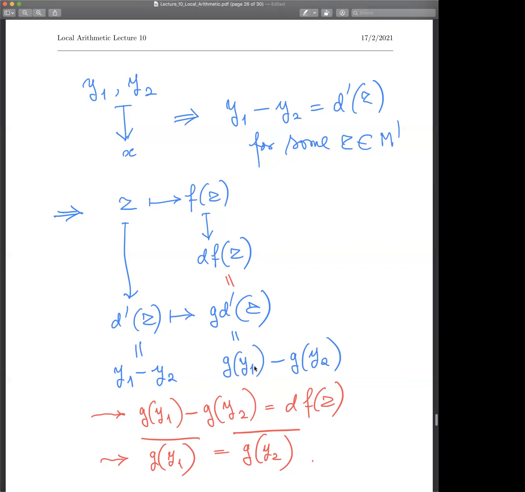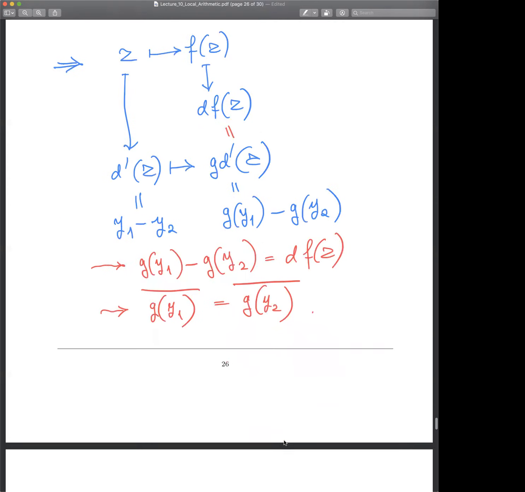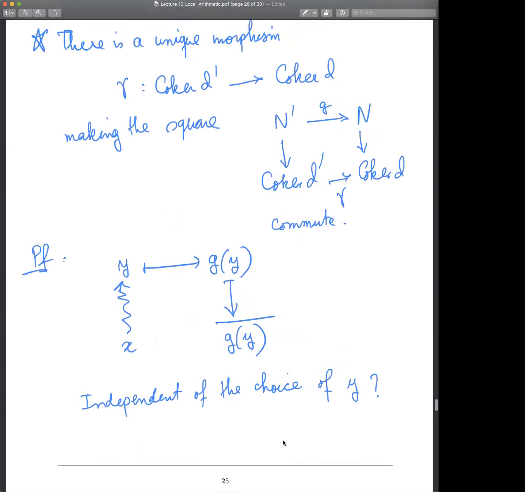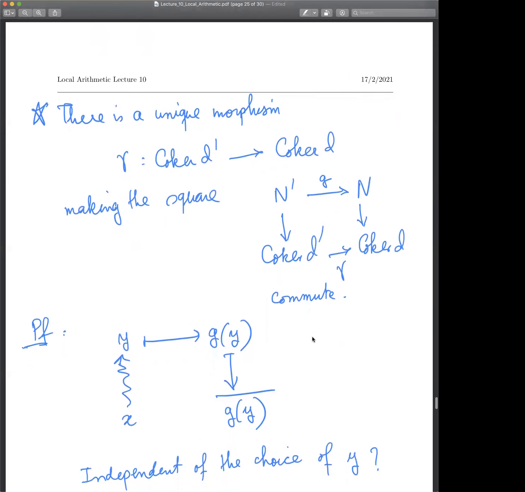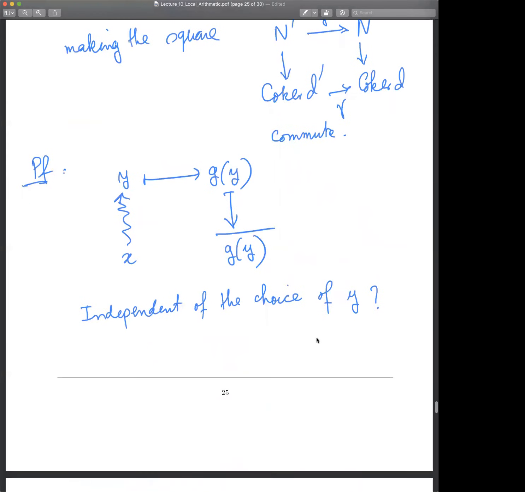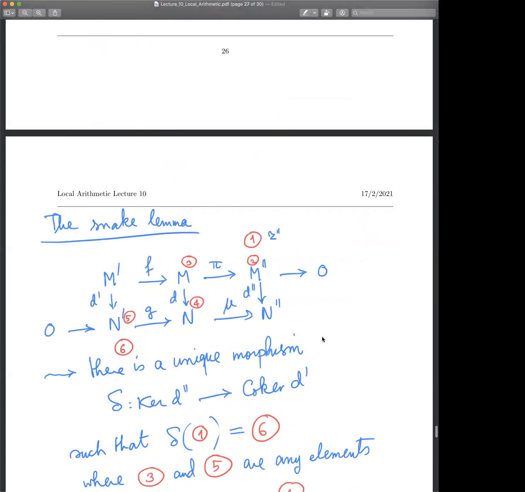So these two things will be equal to each other in the co-kernel: g of y1 bar is equal to g of y2 bar. So this actually defines the map from the co-kernel of d prime to the co-kernel of d. And of course, one has to check that it's a homomorphism, a morphism of A modules. And this is a checking which you are perfectly capable of doing.